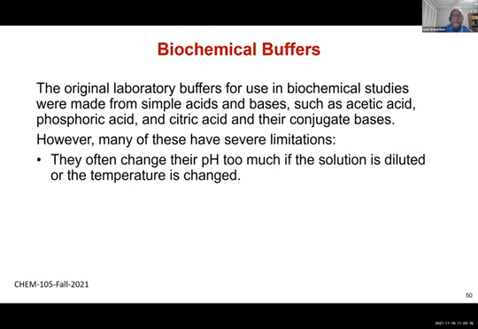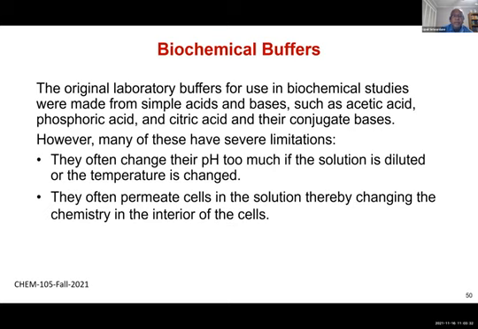They often change pH too much if the solution is diluted or the temperature is changed. They often permeate cells in the nearby solution, changing the chemistry of the interior of the cell.